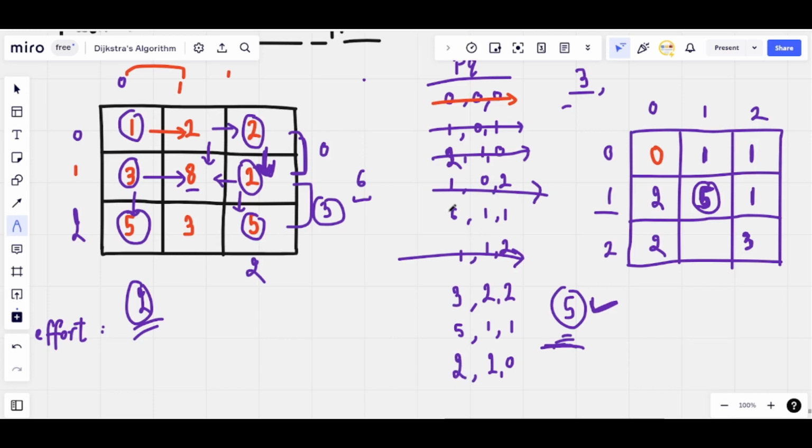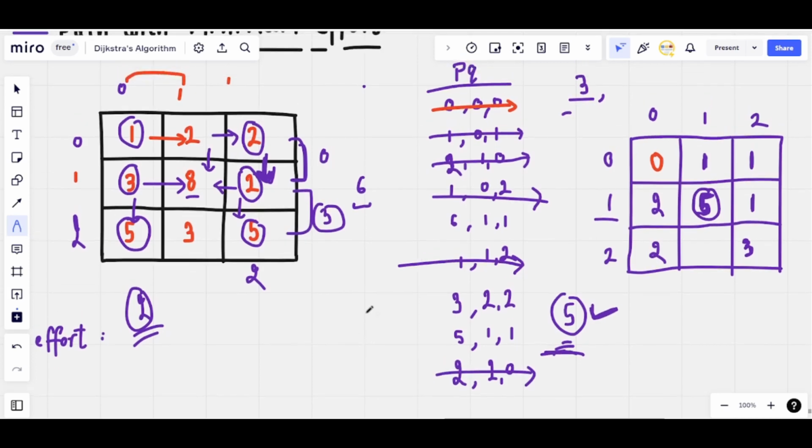Now from these 4 cells, pull cell 2 0 out from the queue, and from cell 2 0 we can move to cell 2 1. The effort that we require will be 2 units. This transition takes 2 units, which is not better than the effort which we already have for cell 2 0.